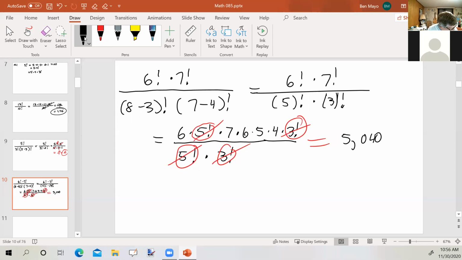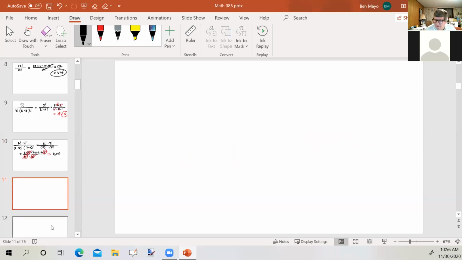Okay, recall that if you didn't have a calculator and you were using an online calculator, let's say we've got a problem like this, 16 factorial. Rather than on your calculator going 16 times 15 times 14 times 13, etc., we can go to Google, and I'm going to type in Factorial Calculator.